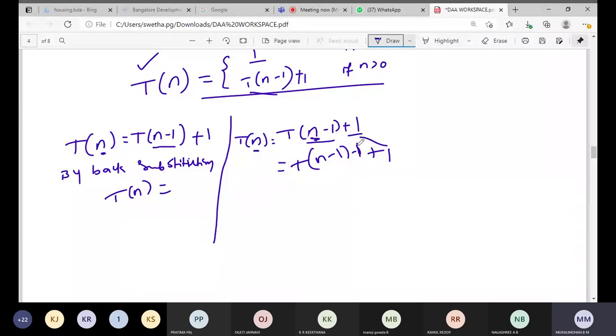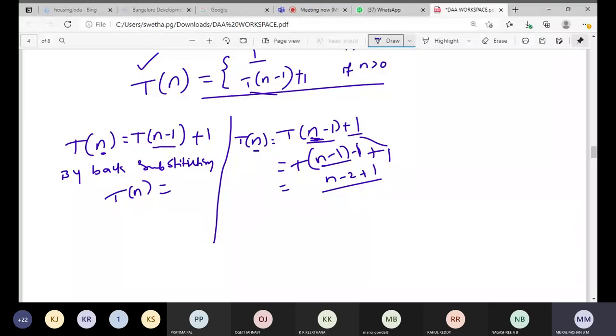If I solve this, n minus 1 minus 1 is n minus 2, plus 1. So this is what we are getting. Am I clear? Backward substitution method.